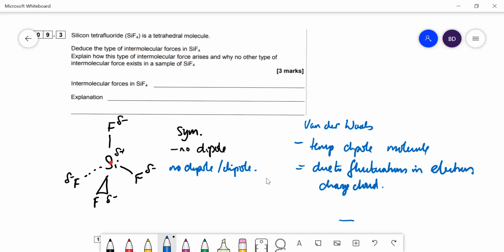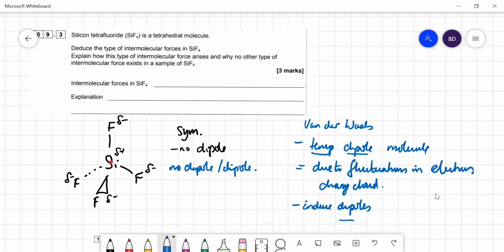And then you need to say that those temporary dipoles induce dipoles in neighboring molecules. And the van der Waals force is the attraction between one induced dipole and the temporary dipole on the next molecule. And that's easily enough for 3 marks there, I think.